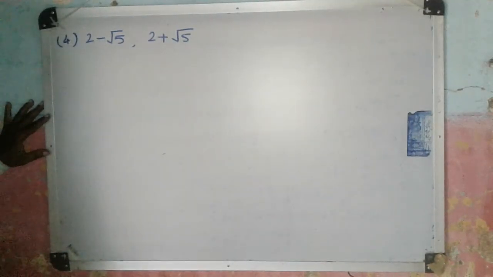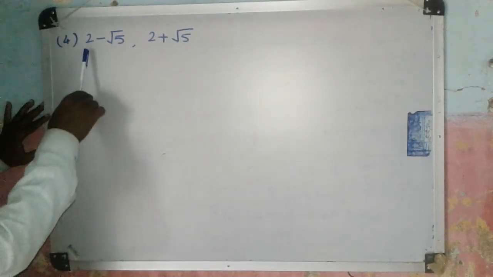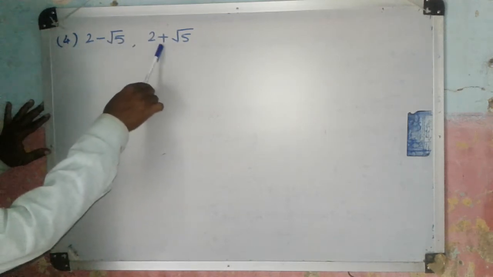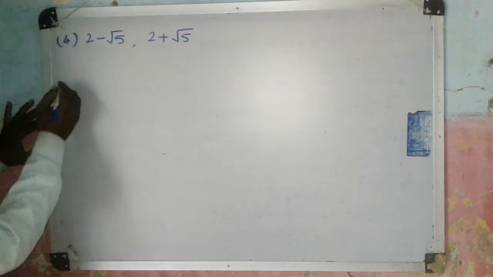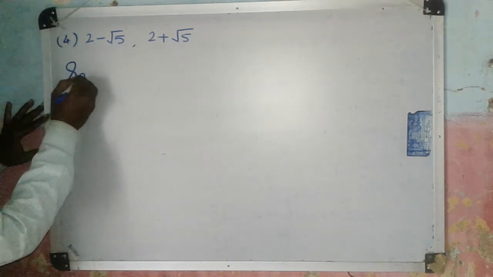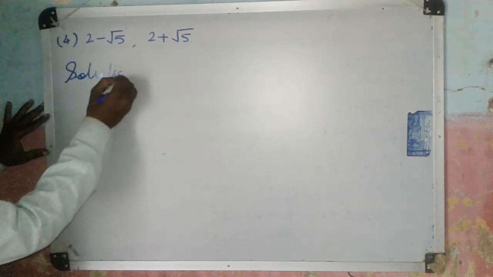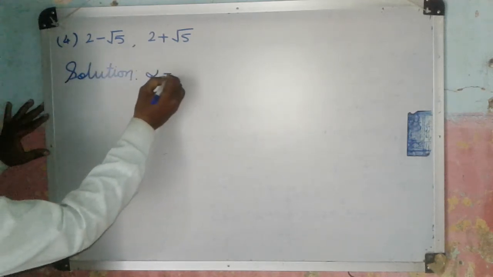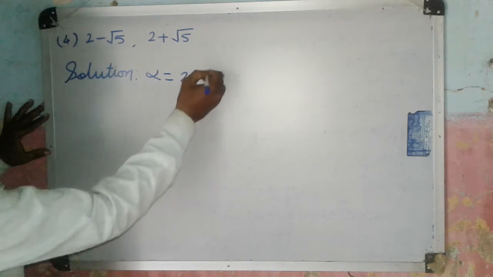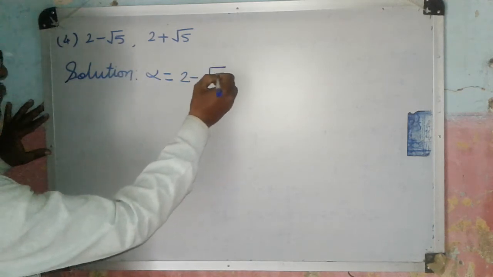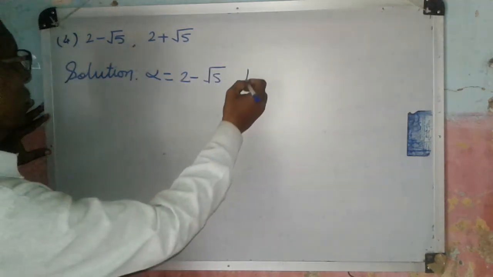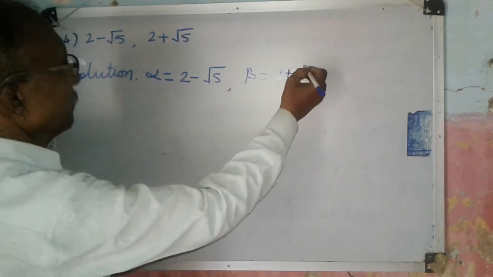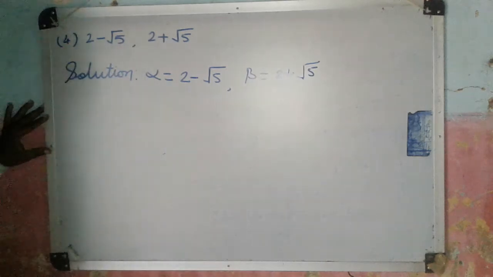Now example number 4. One root is 2 minus root 5 and the other root is 2 plus root 5. That means here alpha is equal to 2 minus root 5 and beta is equal to 2 plus root 5.